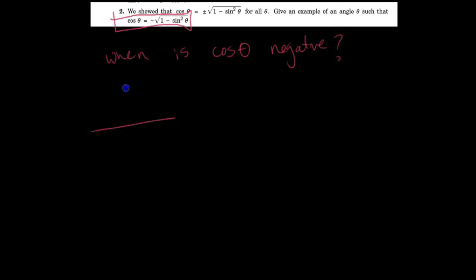Think about that, because we're dealing with theta, right? So remember that cosine theta is equal to x over r. R is always greater than 0, right? So r is greater than 0, but when is x less than 0? When is x negative? X is negative in quadrant 2 and quadrant 3.